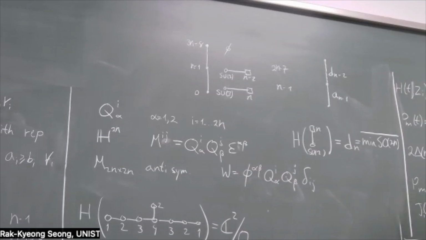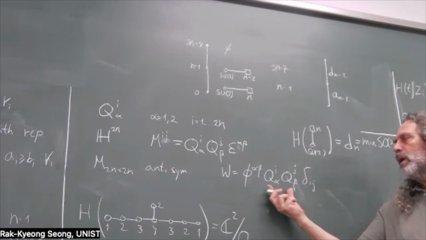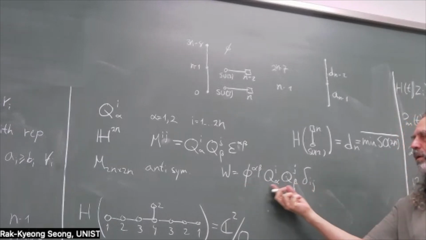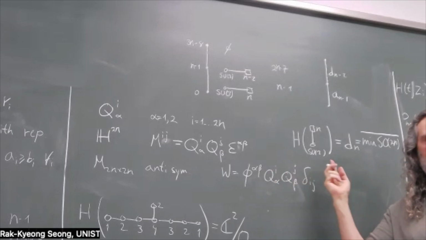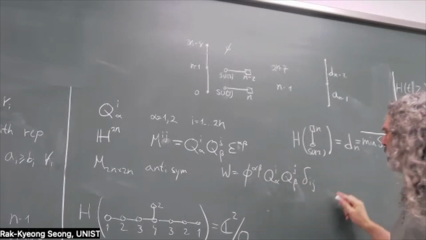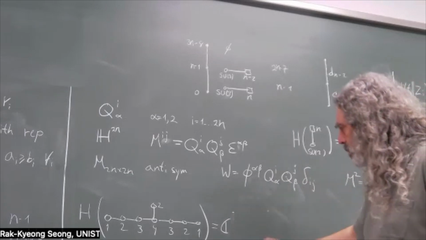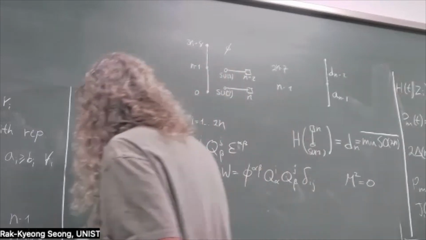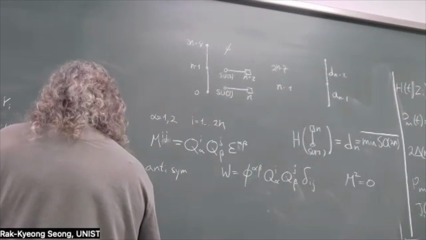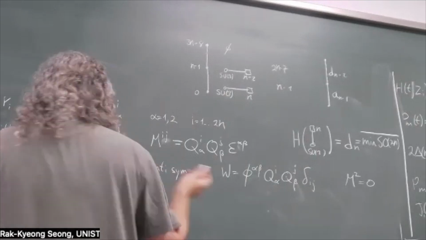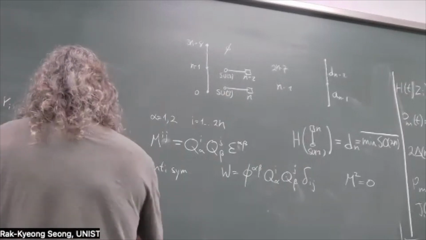This is the superpotential. So from a variation of the adjoint, I get the condition that the contraction of the flavor indices vanishes. And from this, I get that M squared is equal to 0. M is antisymmetric. Trace of M is trivially 0 because it's antisymmetric. And M squared is equal to 0.